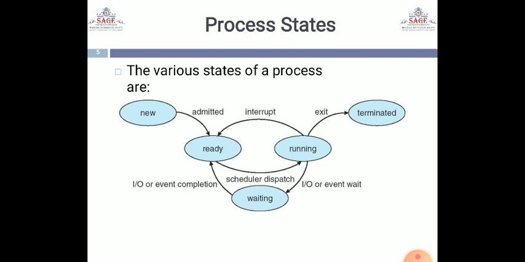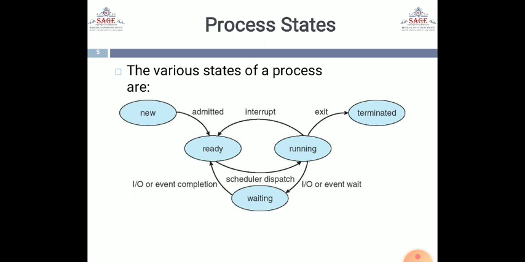So this is our ideal condition, but we also have some interrupts. So what are interrupts? You can see here that suppose the process is admitted to the ready queue and moves to the running state.